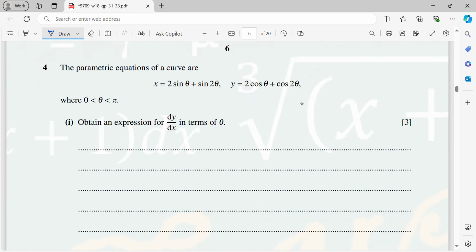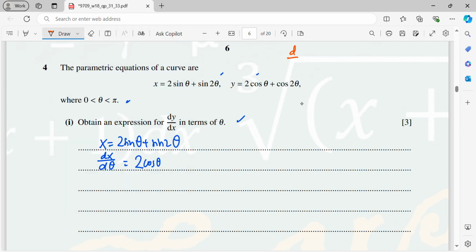For question number 4, given two parametric equations where theta is between 0 and pi, get the expression for dy/dx. So now x equals 2 sine theta plus sine 2 theta. dx over d theta, because your x is in terms of theta. Now differentiate sine theta, it will be cos. Keep the 2. Differentiate sine 2 theta.